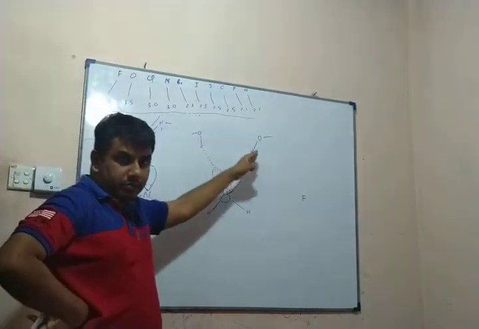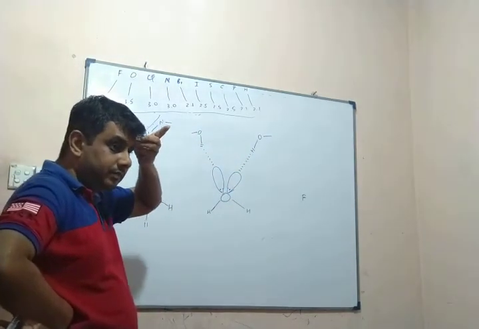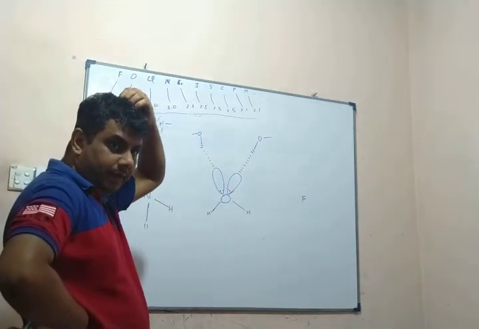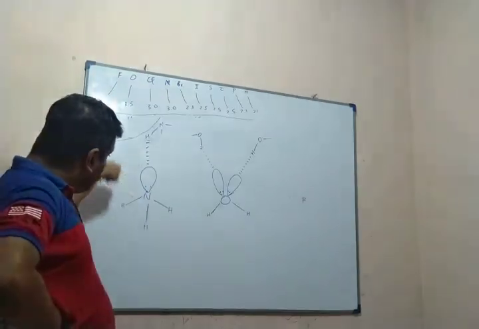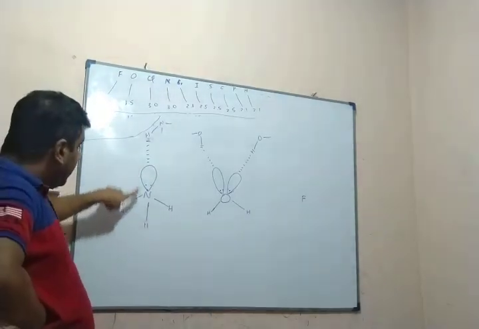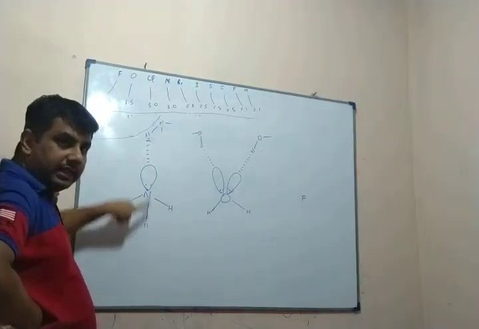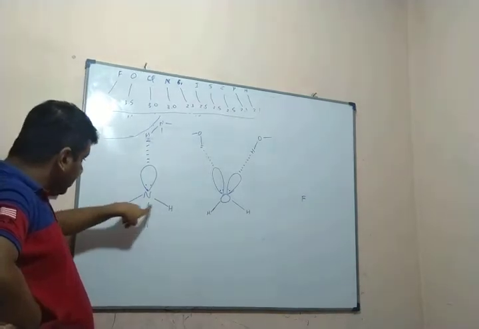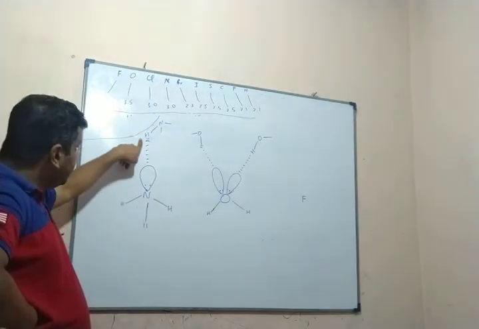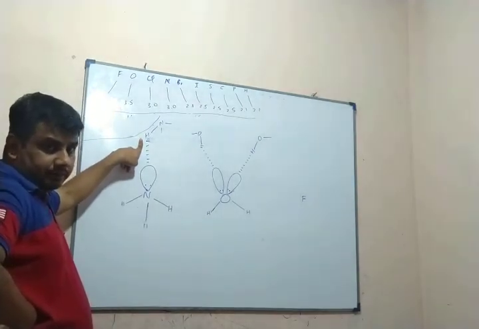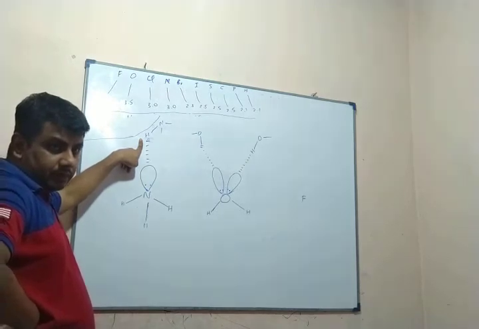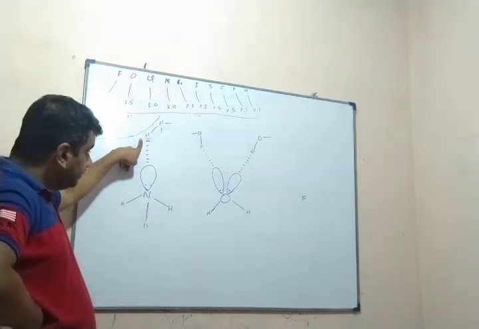Right? Likewise, 4 hydrogen atoms around nitrogen in NH3, and 3 are covalently bonded and 1 is hydrogen bonded. Right?